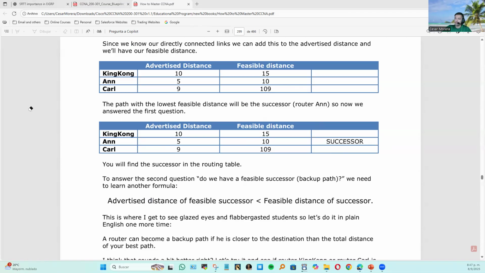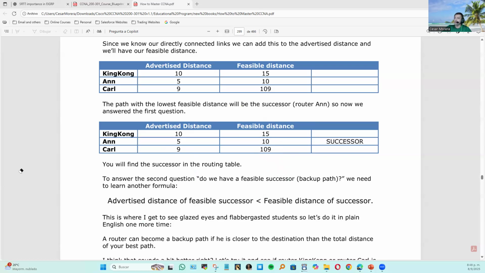We already have the successor with the lowest administrative distance and feasible distance. Then we have the other one where the advertised distance, the AD, is lower than the feasible distance, meaning this one right here will be the feasible successor, and the other one was the successor. Now it's getting clearer. We are finally understanding this.